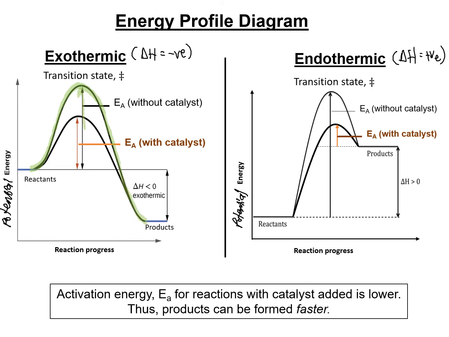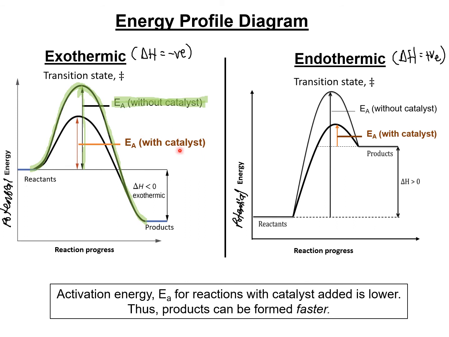This is the activation energy of the exothermic process without catalyst. Activation energy, as I taught you when drawing energy profile diagrams, is the energy difference between the maximum potential energy and the potential energy of the reactant. So this is without catalyst.